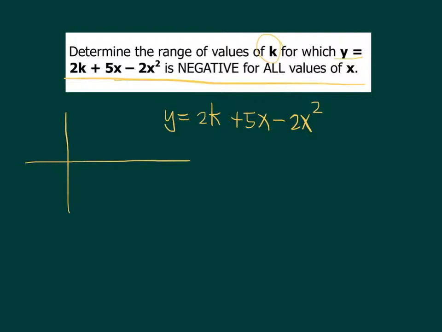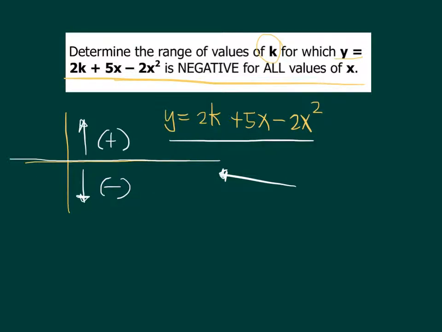In a Cartesian plane, the x-axis divides the y-axis in such a way that all the numbers below it will be negative and all the numbers above it will be positive. Given that a is negative 2, the parabola should be in this orientation.